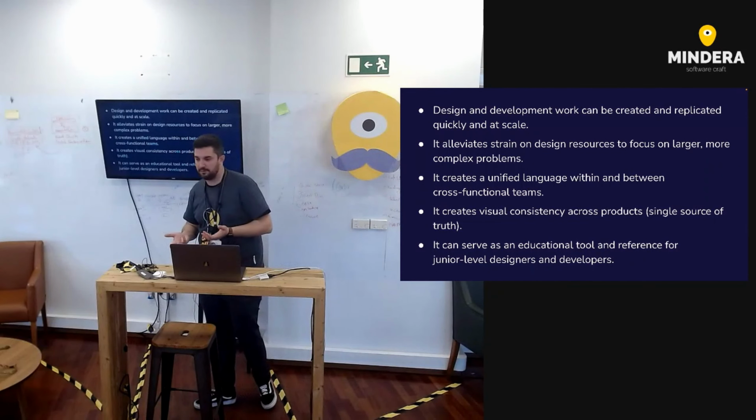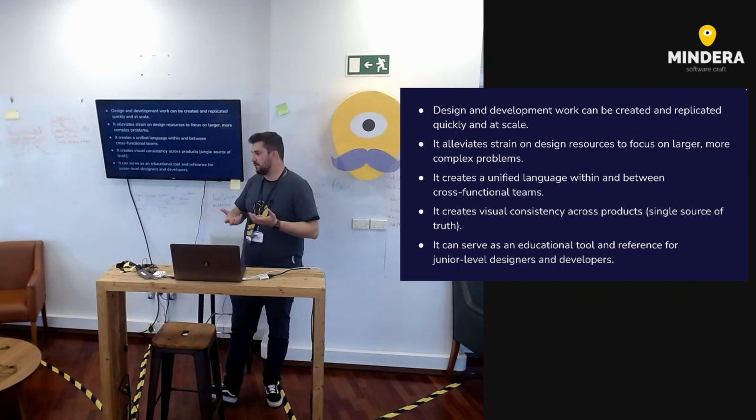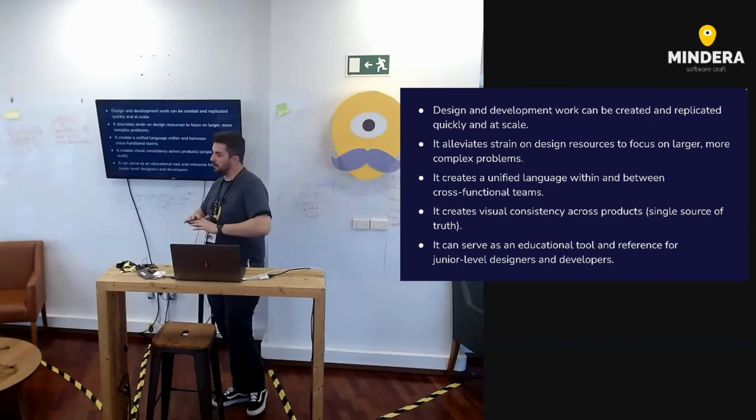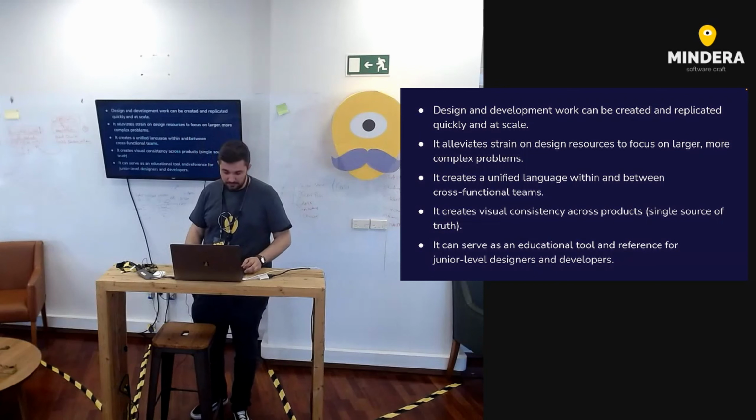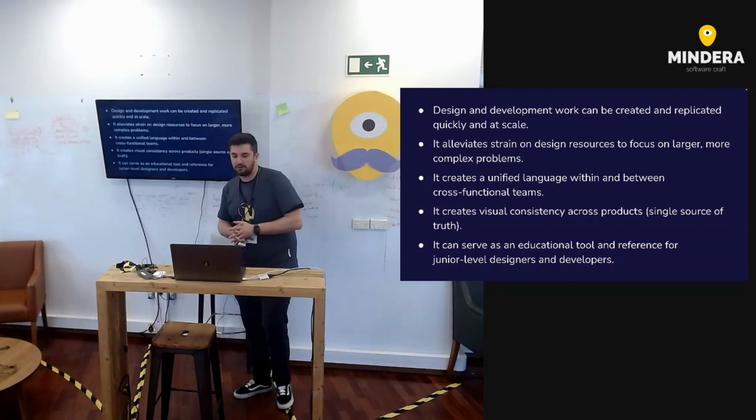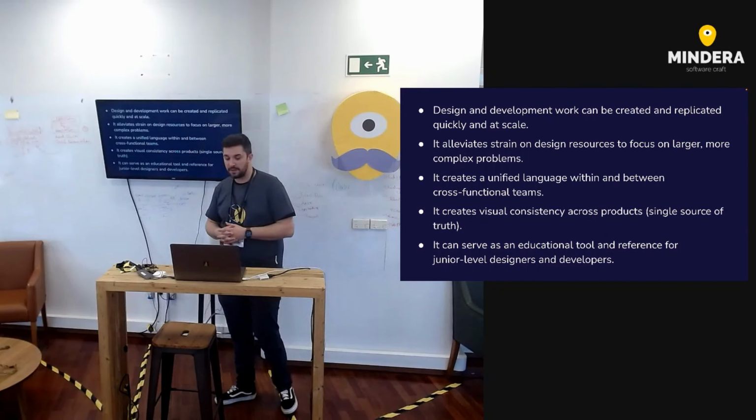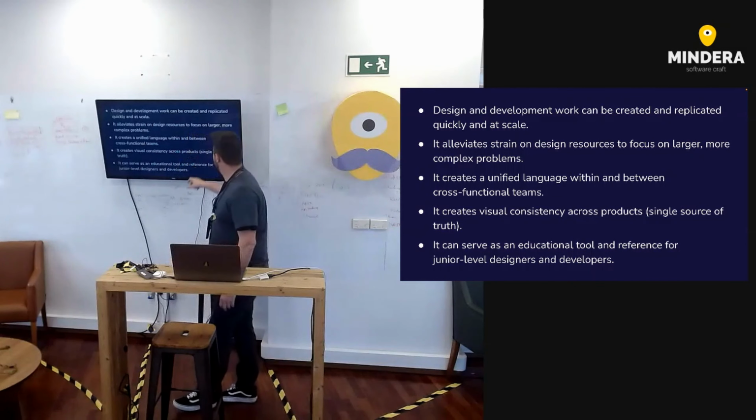So what is a design system? It creates a unified language, that way everyone is on the same page and everyone talks the same thing. It creates a visual consistency across products. So I put single source of truth.